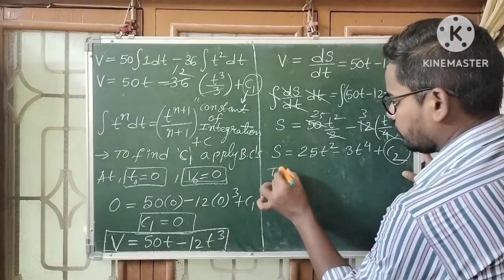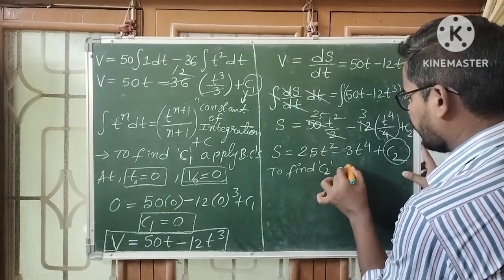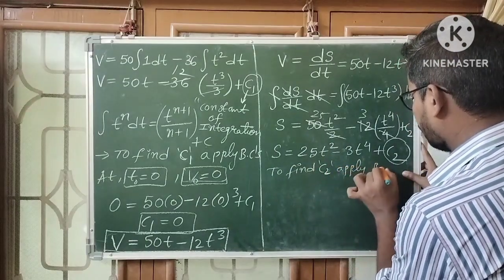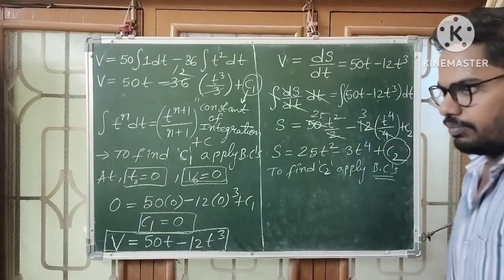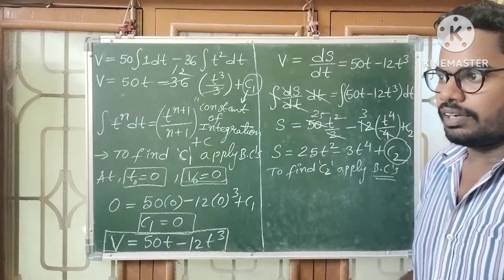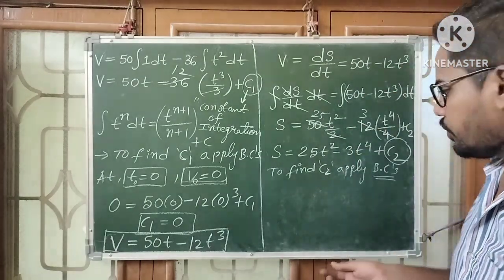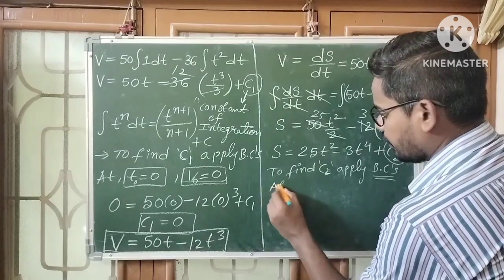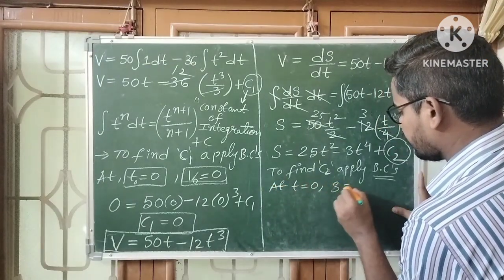To find the value of C2, apply the second boundary condition. Whenever a particle starts from rest, initial velocity is equal to 0 and initial position is also equal to 0. So at t is equal to 0, what is the position of the particle? s is equal to 0.